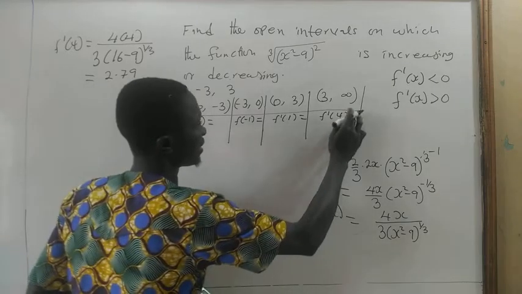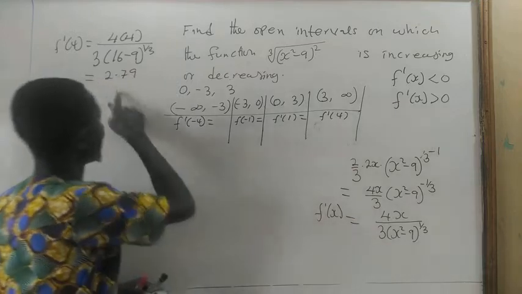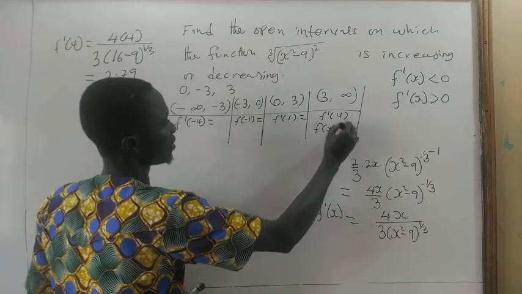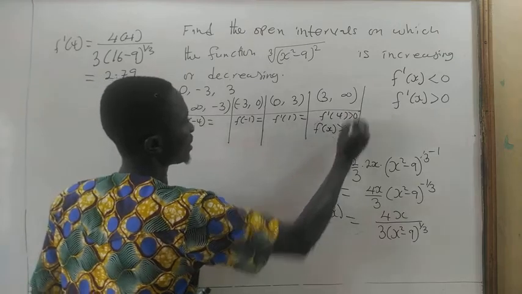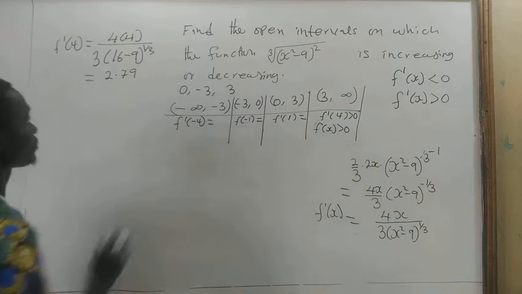So it implies that here we are getting a value that is greater than 0. So we take f prime of x is greater than 0 because this one is greater than 0. Very simple as that. Now let's come to this part.